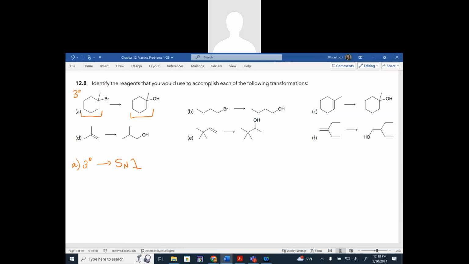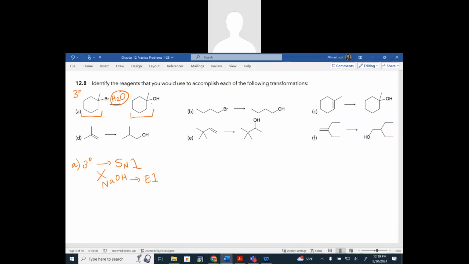So something like water could be used as our reagent here, or else if we used a stronger base, so I'll put an X here, so we can't use sodium hydroxide, or else an E1 elimination mechanism would be favored. So no strong base, right? We don't want an elimination, we want a substitution.